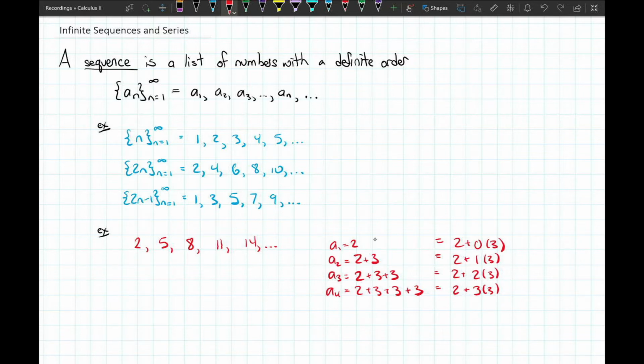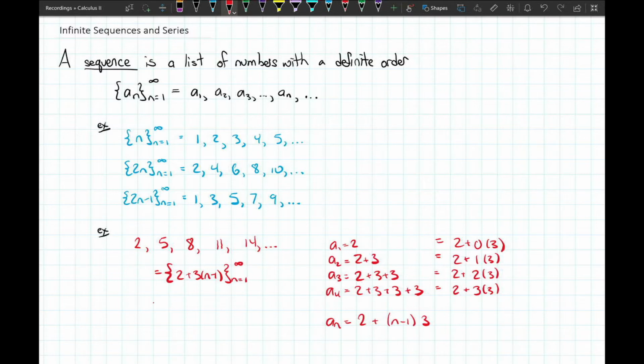When n equals 1, we have 0 times 3. When n equals 2, we have 1 times 3. Well, then that means that for the nth number in the sequence, we should just be able to write 2 plus n minus 1 times 3. And that's how we would be able to turn this sequence of numbers into a nice compact formula. This sequence is 2 plus 3 times n minus 1 from n equals 1 to infinity.